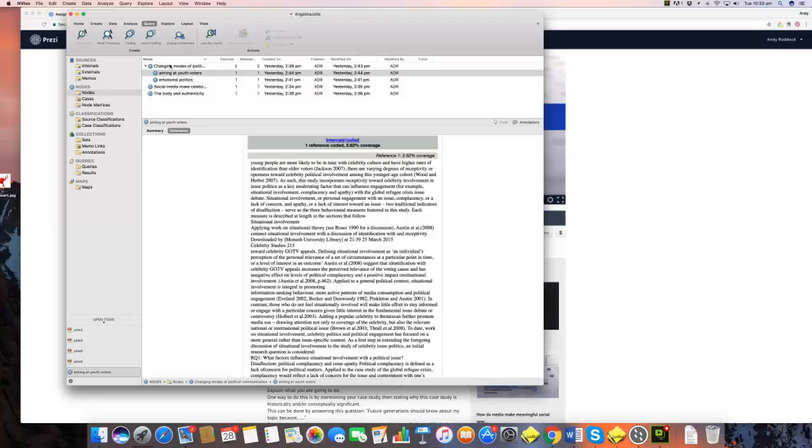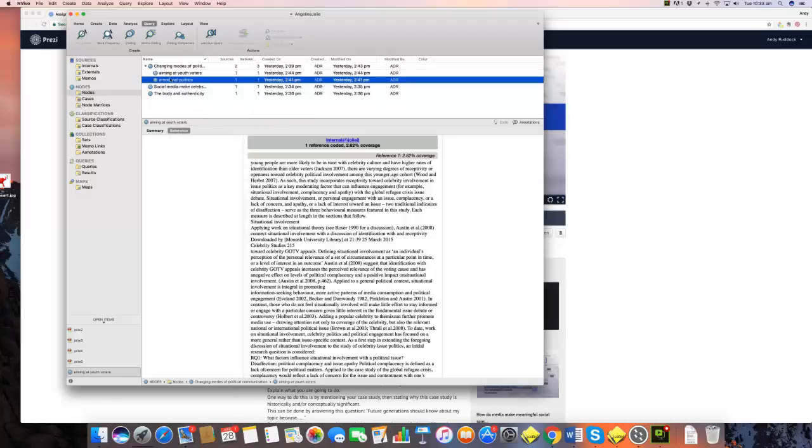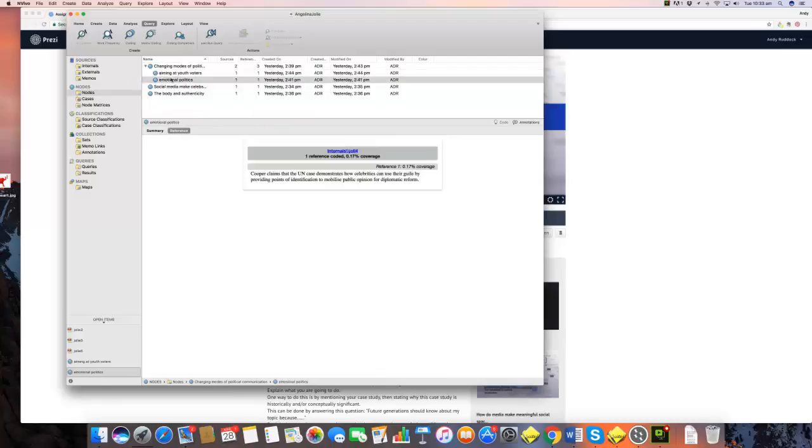So I've highlighted two different aspects of that: the idea that there's more of a focus on young voters and more of a focus on emotional politics. So the idea that emotion is an important aspect in mobilizing public opinion. These are two of the changes in the nature of political communication that are deemed to be key.